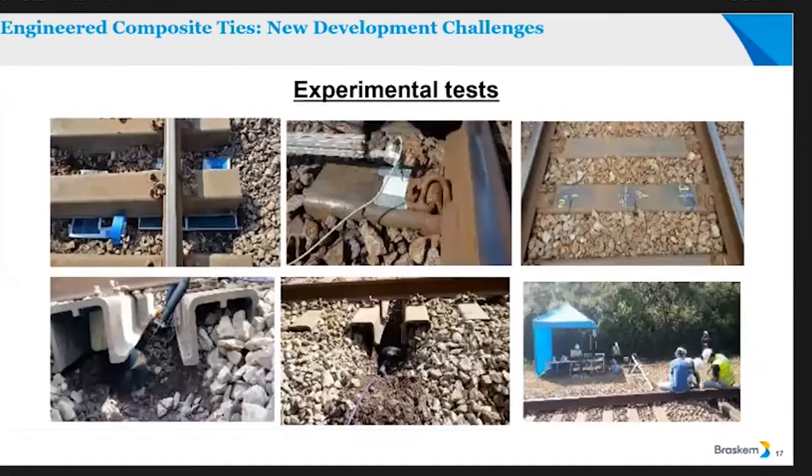We included here some mat to check the contact area, some displacement analysis here, lateral and vertical, strain gauges to check the tie deformation, and you see it is very similar when we compare with our modelings.